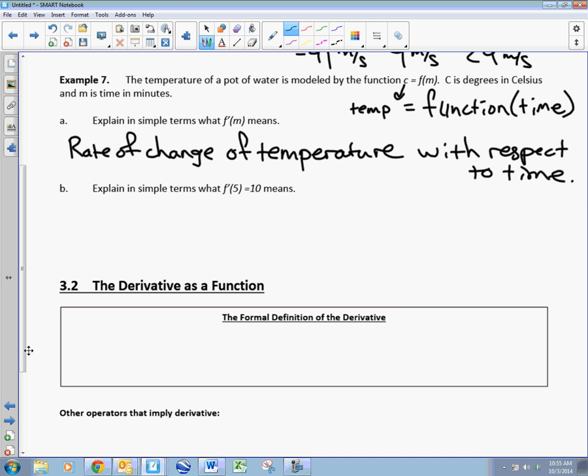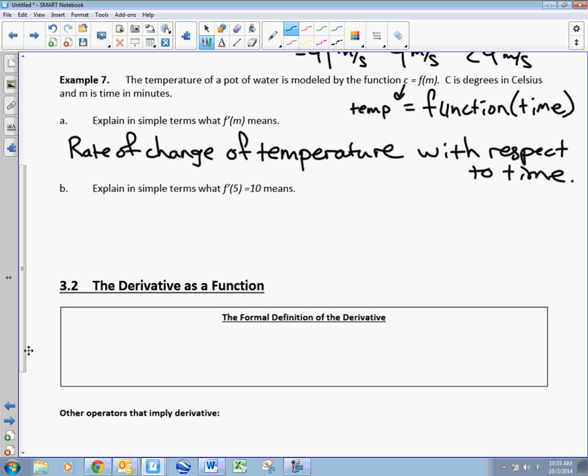So I want to be clear here. If you say the rate of change of temperature with respect to time, the way that you would say average is you would simply insert the word average. If you don't say instantaneous rate of change with respect to time, I'm assuming that that's kind of what you're stating, all right? But if you want to say average, you have to put the word average in front. We're not referring to average here, okay?